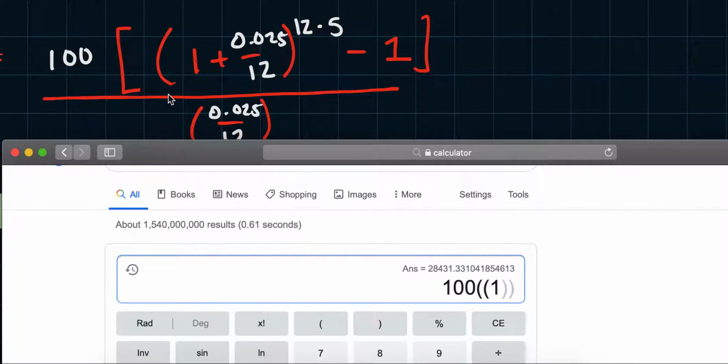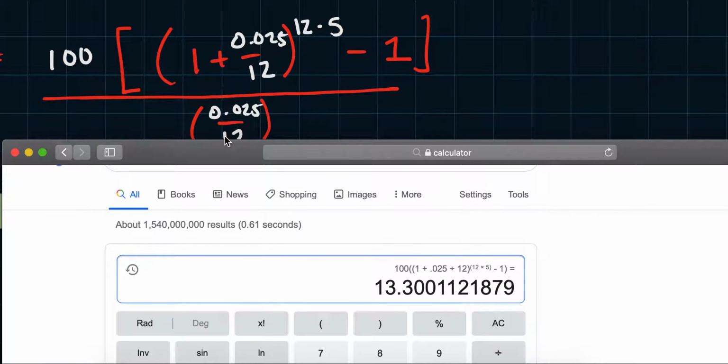Then another one. 1 plus 0.025 divided by 12, okay? Raised. Be careful, you need another parentheses here. And then subtract 1 in parentheses. Let's see if we got everything. 100, here's a parentheses, put them both. 1 plus 0.025 divided by 12, okay? You can put extra parentheses here if you want. Raised, in the top I need to put 60, so 12 times 5, that's 60 here. Then subtract 1 in parentheses. Here we're going to hit enter.